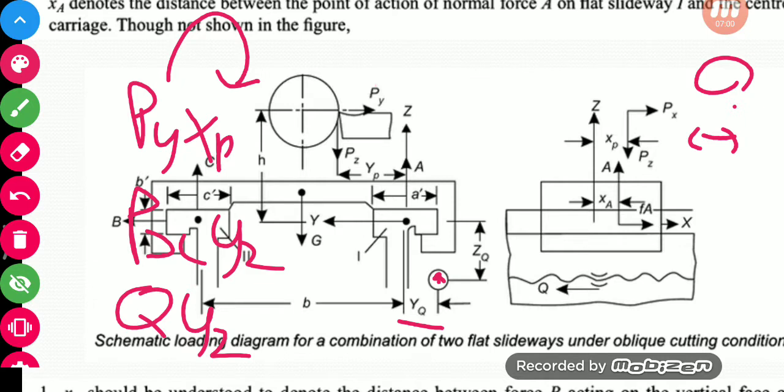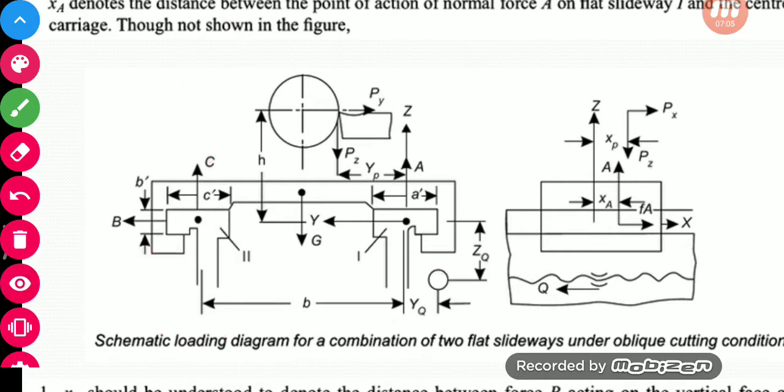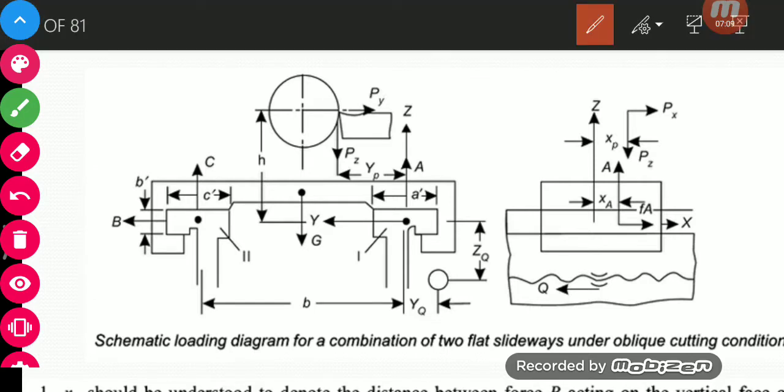Okay, now when we try to see the other moments, we can see here that there are some other moments along with this, and those moments are basically the frictional forces that are coming here. Again, they will be seen as dots. Okay, so those frictional components would give you the moments about the z-axis also.